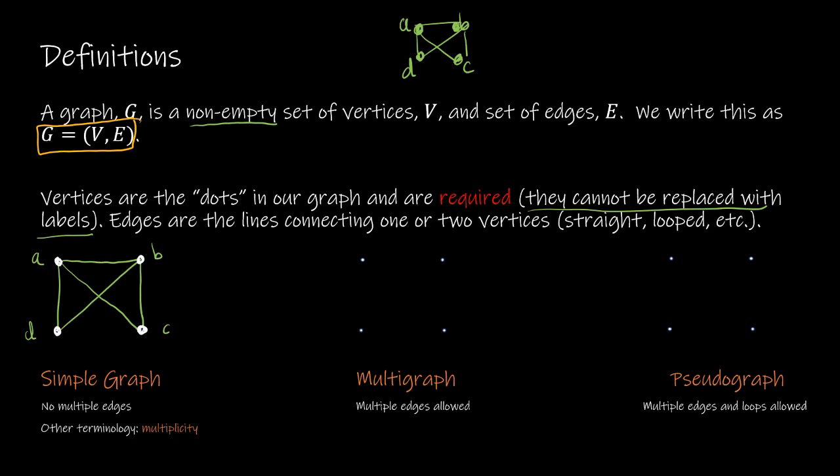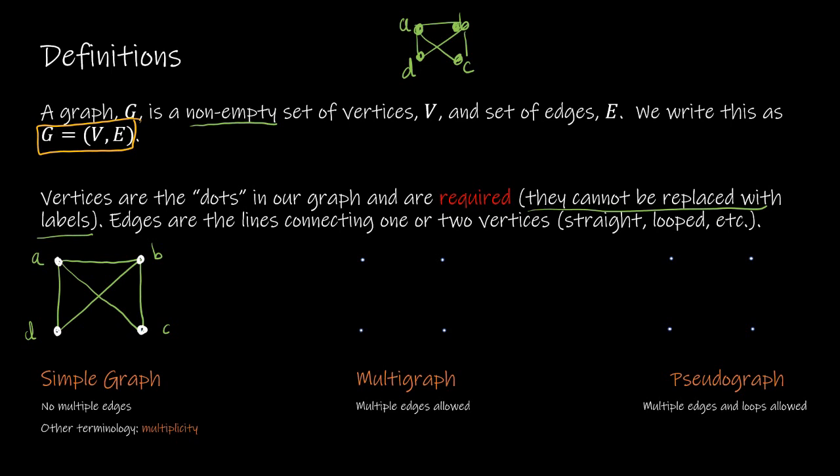Now, this is called a simple graph because there are no multiple edges. When I say multiple edges, I mean B and C is connected only once. I don't have an additional edge connecting B and C. That would make it a multigraph. That's a multiple edge. A pseudograph would be if I actually have a loop that connects an edge to itself.